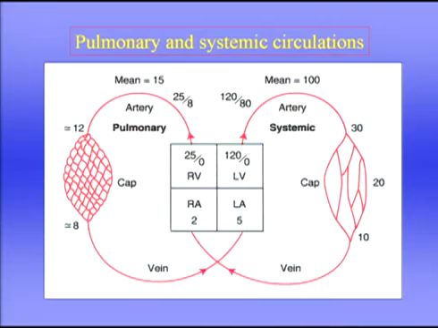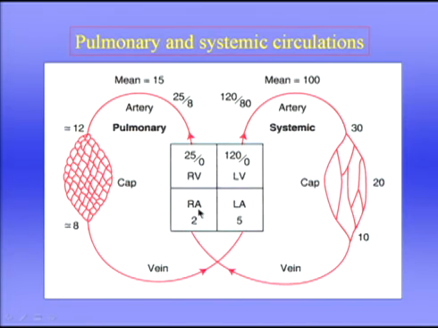Now let's start by looking at a comparison of the pulmonary and systemic circulations. The first thing you notice here is that the blood comes from the right ventricle, moves through the pulmonary artery, through the capillaries, and back to the left atrium. And on the systemic side, the blood from the left ventricle exits via the aorta, goes through the systemic capillaries in the periphery of the body, and back to the right atrium.